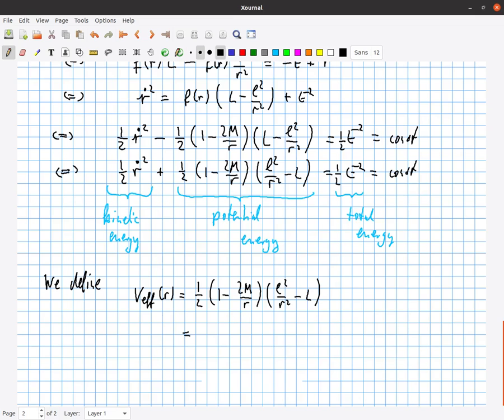There is one term here where you have L squared over R squared that multiplies the 1, L squared over 2R squared. We have a term where L multiplies 2m over R. There's a factor of 1/2 here, and there are two minuses that come together, which means what we get here is L m over R.